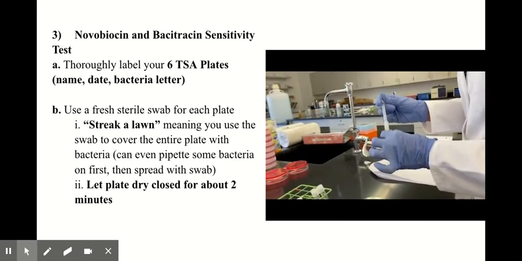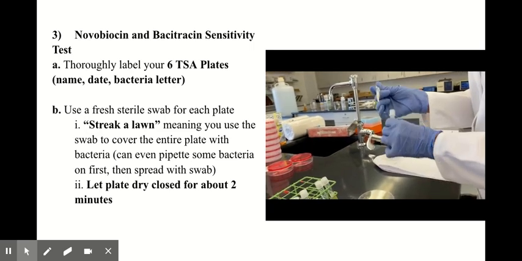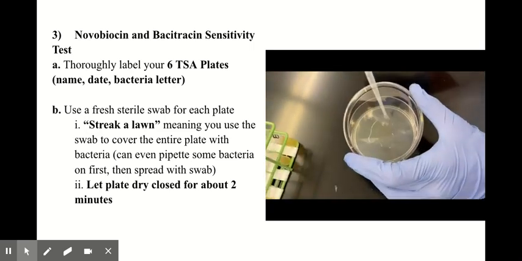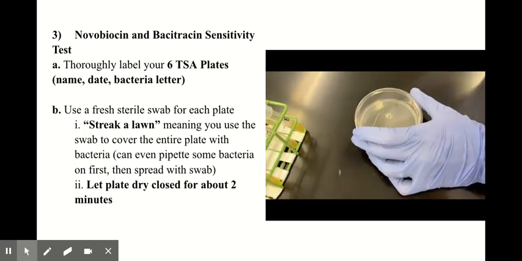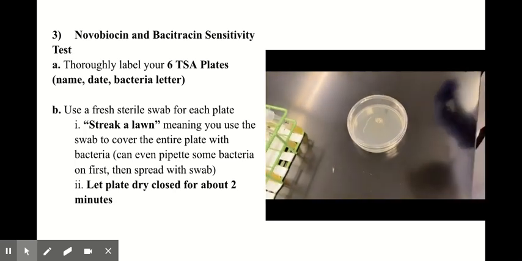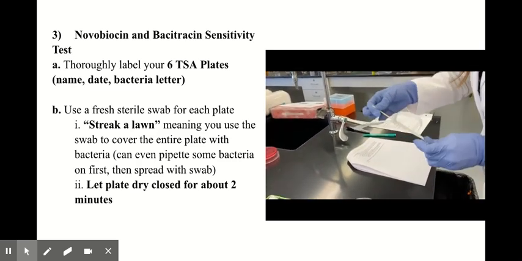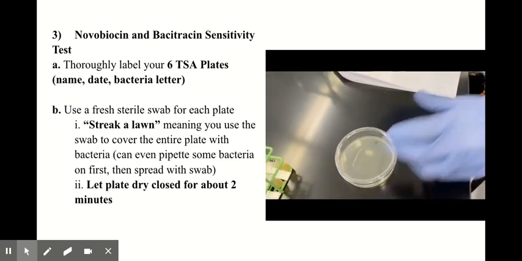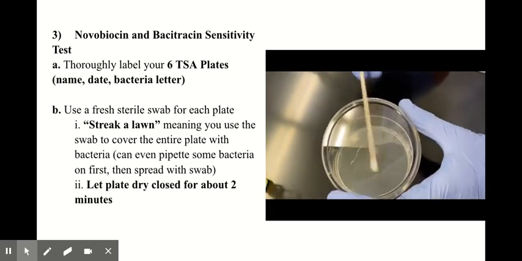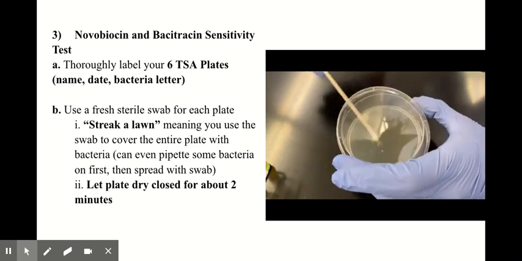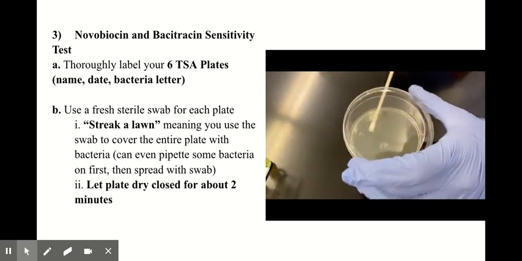You can even use a pipette and get some bacteria and just put that onto the plate first and then spread it around with a sterile swab. And making sure to use sterile technique, really spread the liquid around on the TSA plate until it's totally covered.